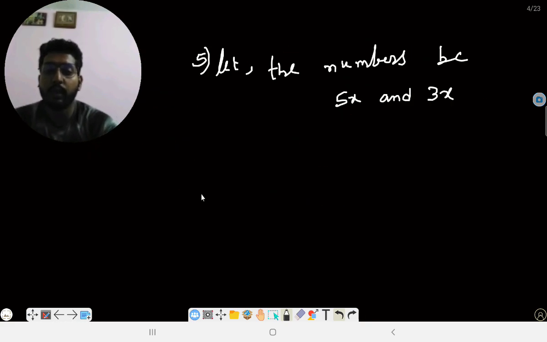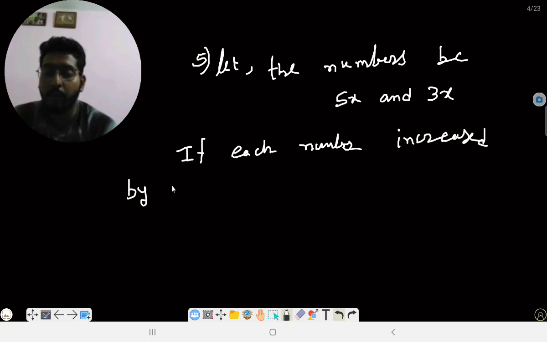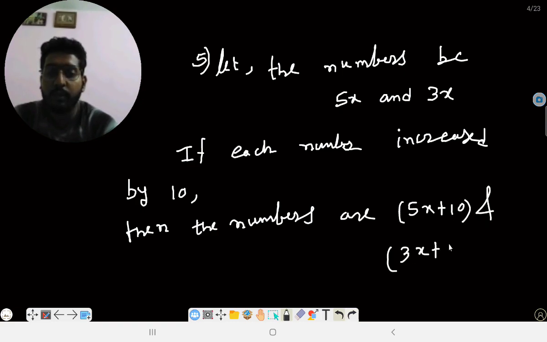So if each number is increased by 10, then the numbers are 5x plus 10 and 3x plus 10, because it is increased by 10, so the numbers will be 5x plus 10 and 3x plus 10.